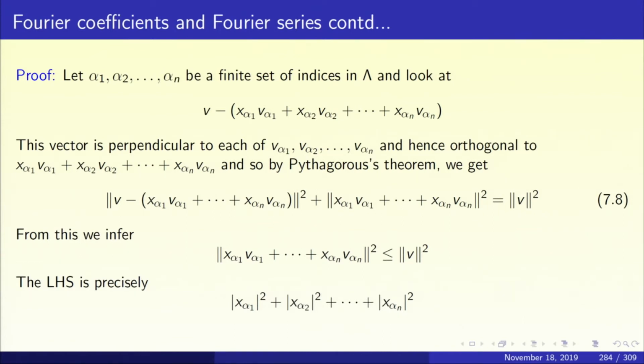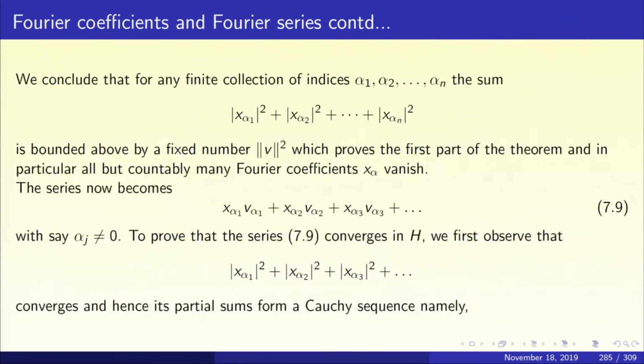So, if i is not equal to j, v alpha i dot v alpha j is 0, the cross terms all disappear and we simply get the last display in the slide, and the left hand side of the inequality simply becomes mod x alpha 1 squared plus mod x alpha 2 squared plus etc. plus mod x alpha n squared, which basically means the sum of the squares is less than or equal to norm v the whole squared.